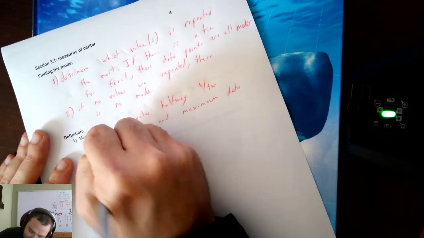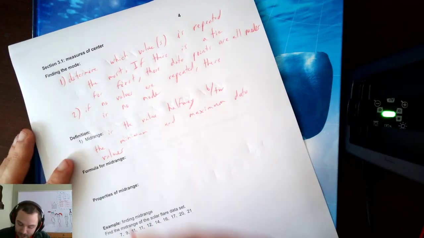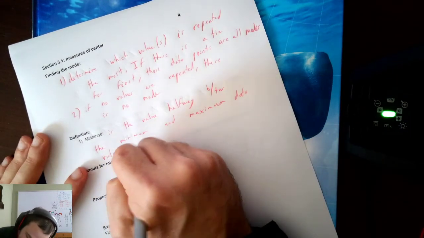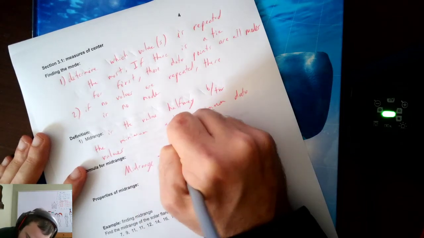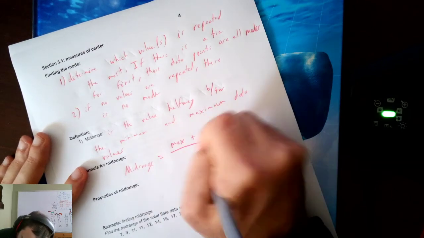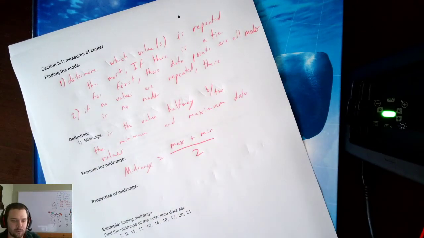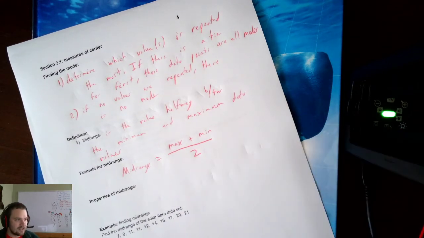It's the value halfway between the minimum and the maximum data values. The formula for mid-range is mid-range equals max plus min over 2. A pretty easy formula, right? You take the biggest number, you add the smallest number, and you divide by 2.